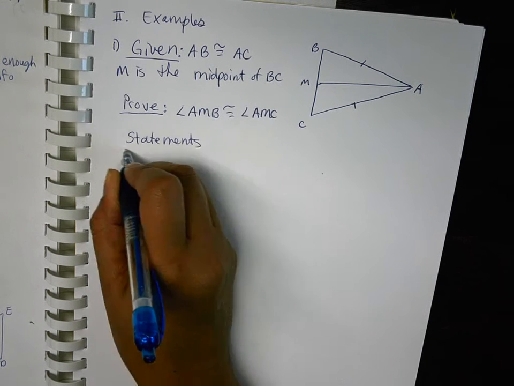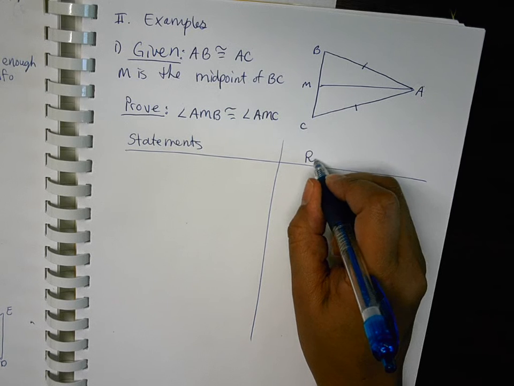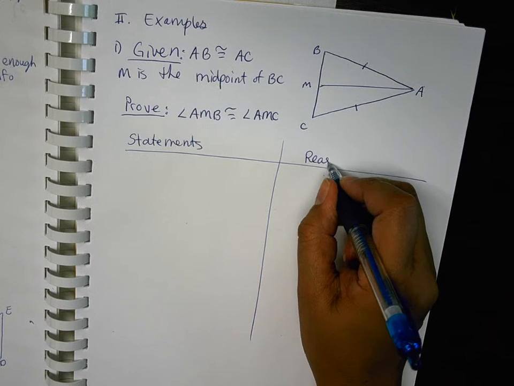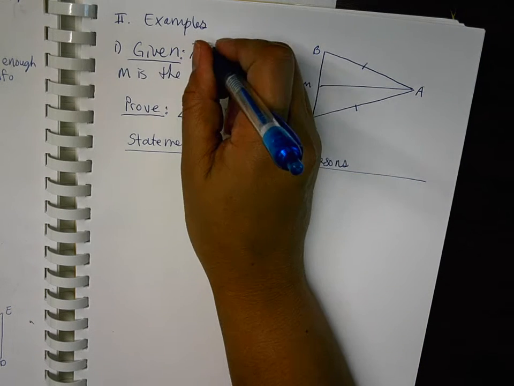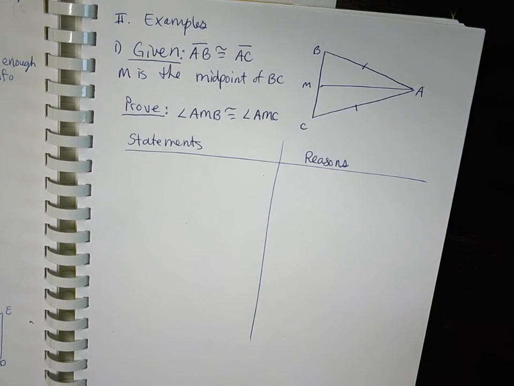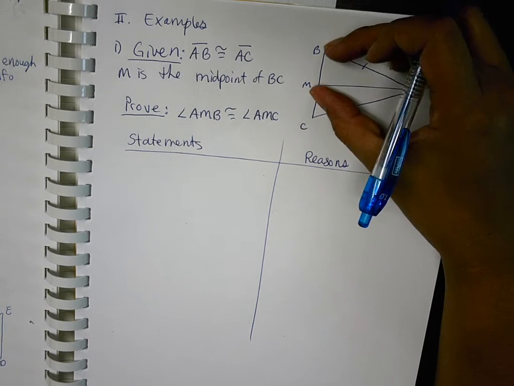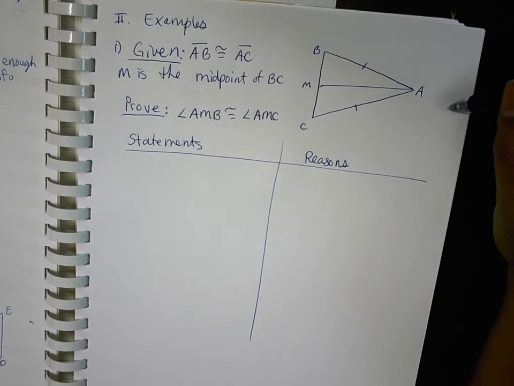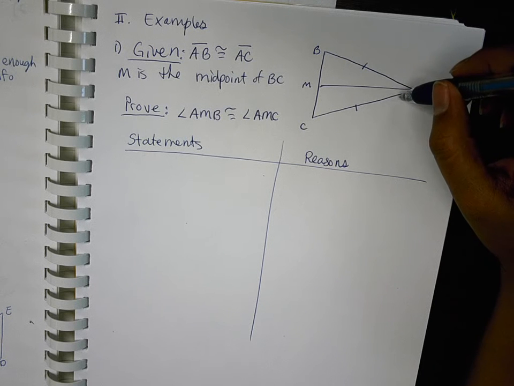Statements and reasons. Yes. For the given information, you don't need to put like MA. Say it again. That these two pieces are congruent. Well, the MA. MA is congruent to MA.